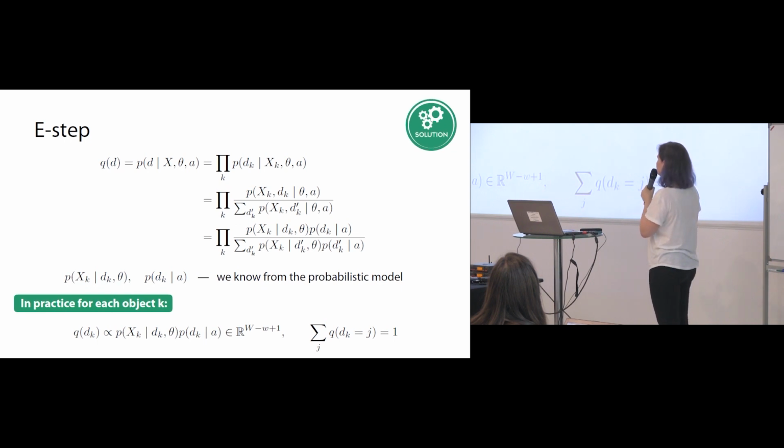We sum over all possible values of dk prime. I think we can write it like this, but I'm not sure.